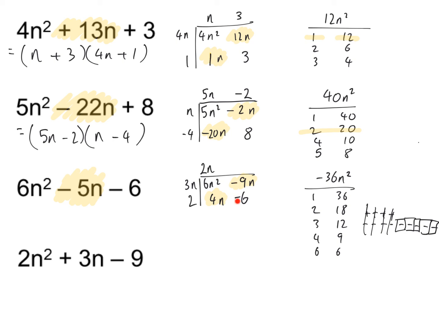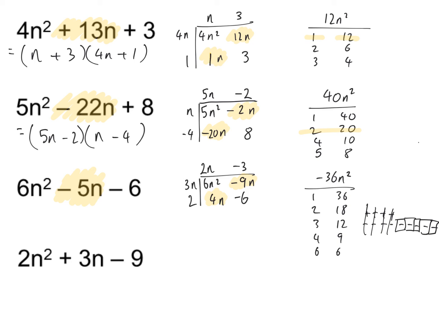Now, both of these are negative, so it's looking likely I'll be pulling a negative common factor out there. 3n times negative 3 will give me the required negative 9 there. Check with the last box, a negative times a positive gives us a negative. 2 3s are 6, so that's correct.